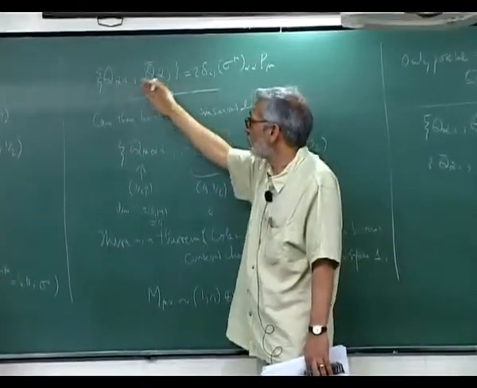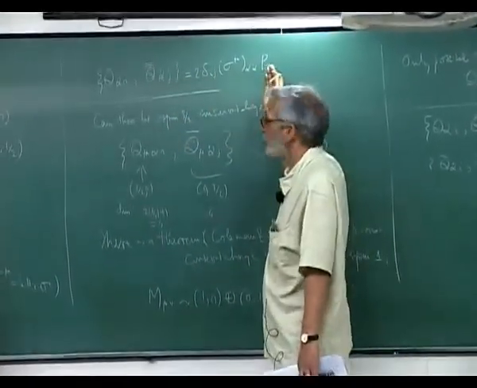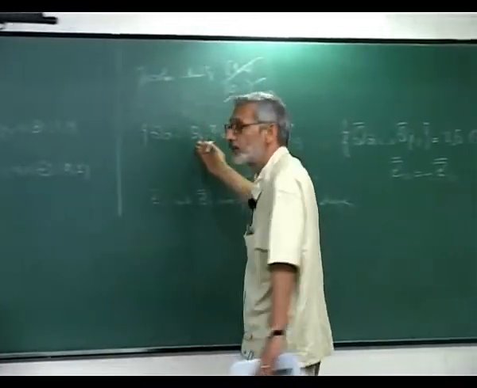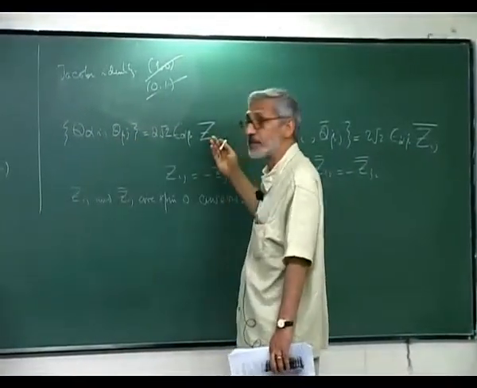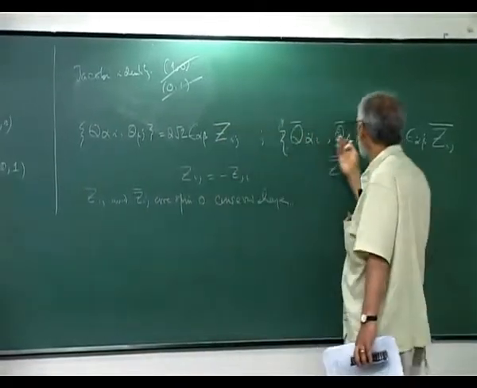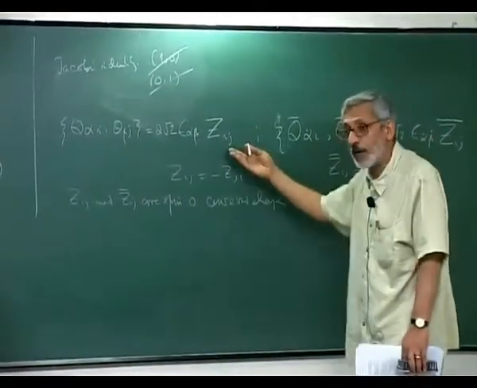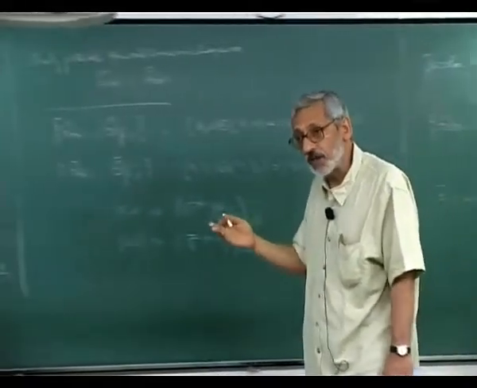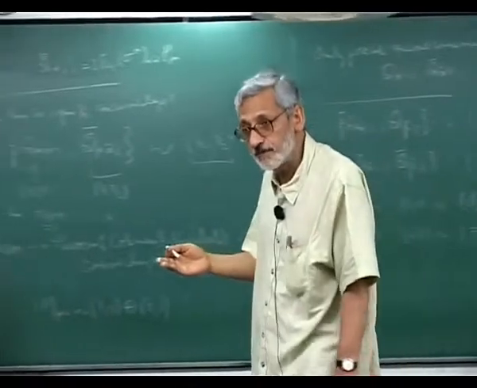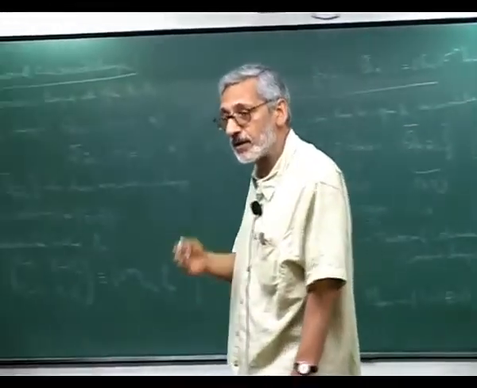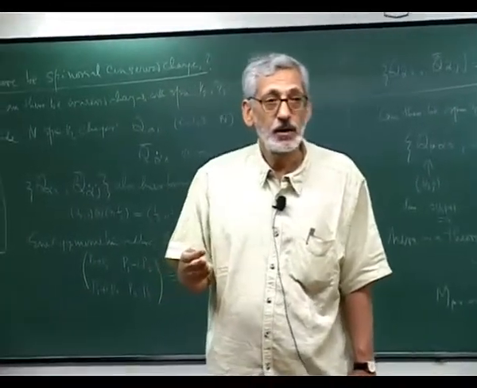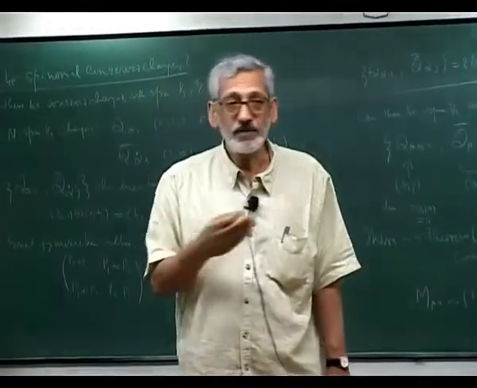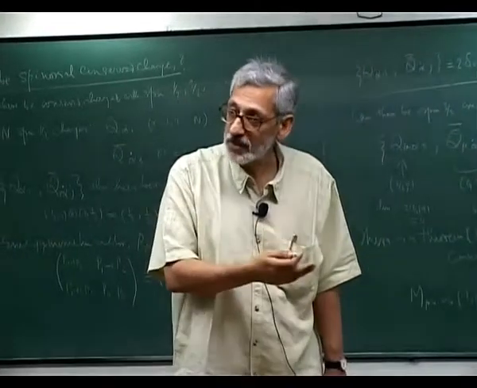The Q Q bar anti-commutator is proportional to P mu, the Q Q anti-commutator is proportional to Z, and Q bar Q bar to Z bar. What Z bar and Z are, are some spin 0 conserved charges, new conserved charges. So such a theory, in addition to having spinorial spin half charges, would have spin 0 charges, new charges.